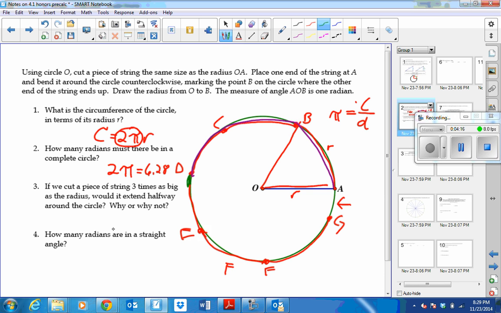And that's because of the ratio of the circumference to the diameter when the mathematicians of yore came up with that ratio of pi. So how many radians are in a straight angle? Well, here is our straight angle, and if an entire circle has 2 pi radians, well then half of a circle, which gives us that straight angle, is going to have pi radians.